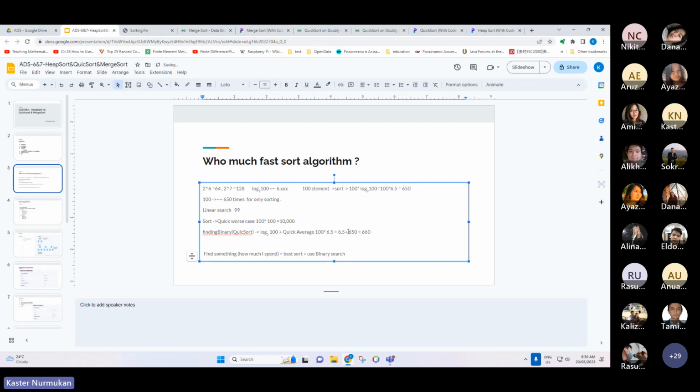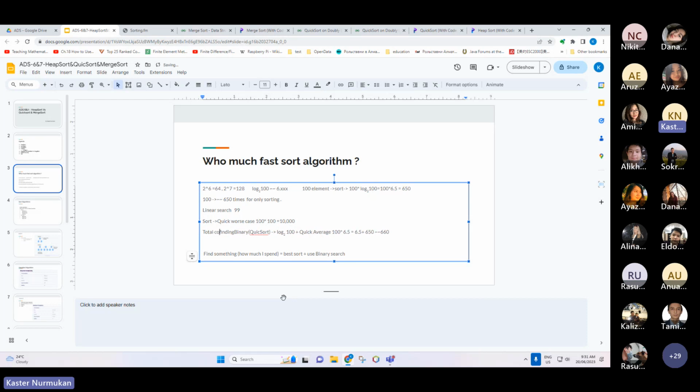I don't care how much exactly, but approximately that's 606. So for finding, it's no difference. Most of the time I'm using sort, but less time finding, because at maximum for 100 elements, I will use 6 times, I will be fine.